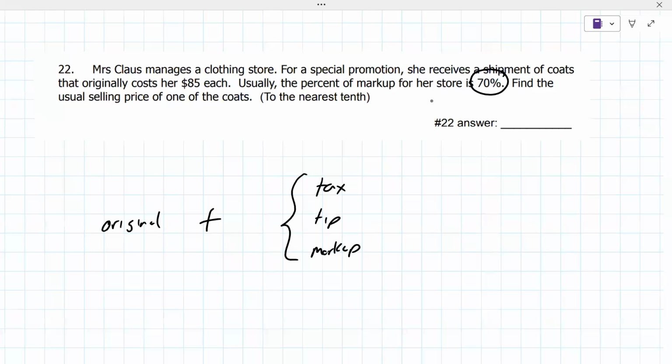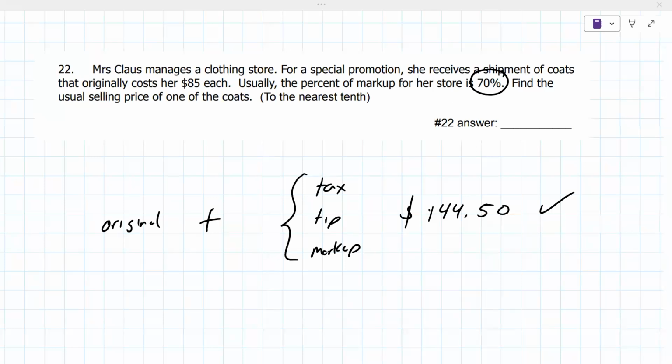For a promotion sheet. $144.50. We're good. All right, so you got that down.